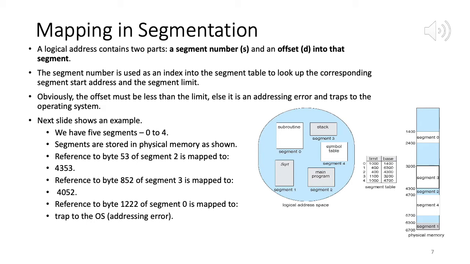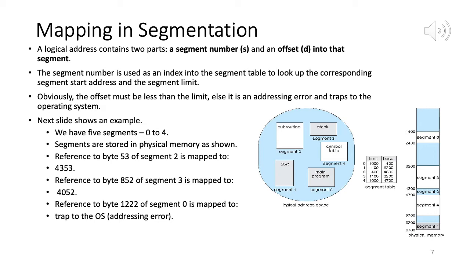So we have segment 0, segment 1, segment 2, segment 3, and segment 4, each corresponding to different parts of the program. For each segment, we have a pair of base and limit values. Base is the base address for that segment, limit is the length of the segment in terms of bytes or kilobytes or whatever.